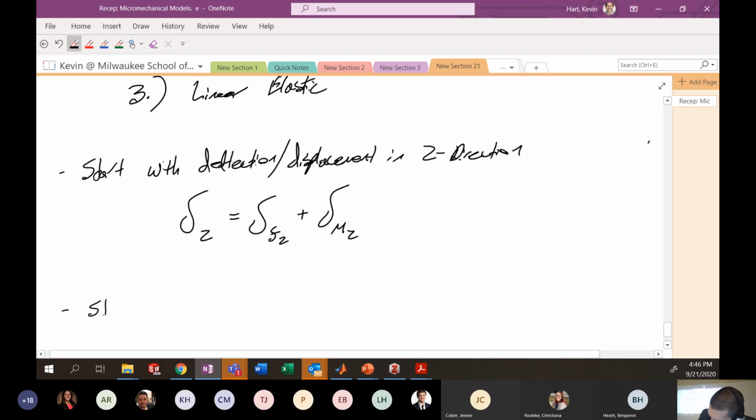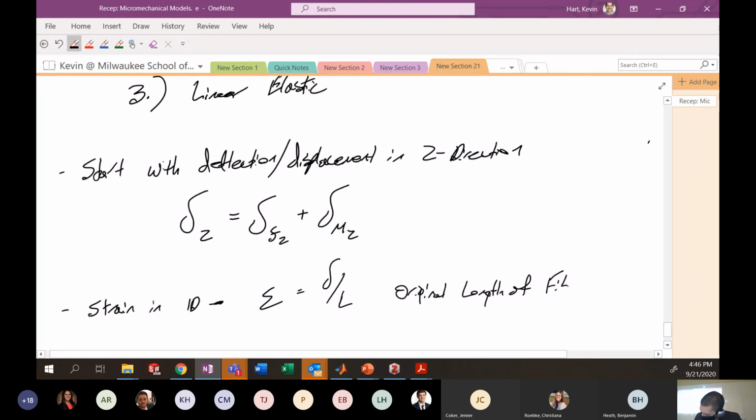So strain in 1D, remember, is the deflection over the total length. And in this model, the original length of fiber or matrix is going to be the thickness, T of the fiber and T of the matrix.